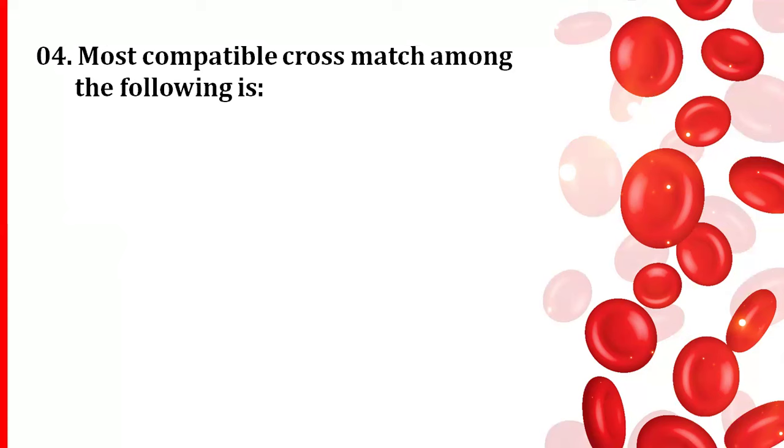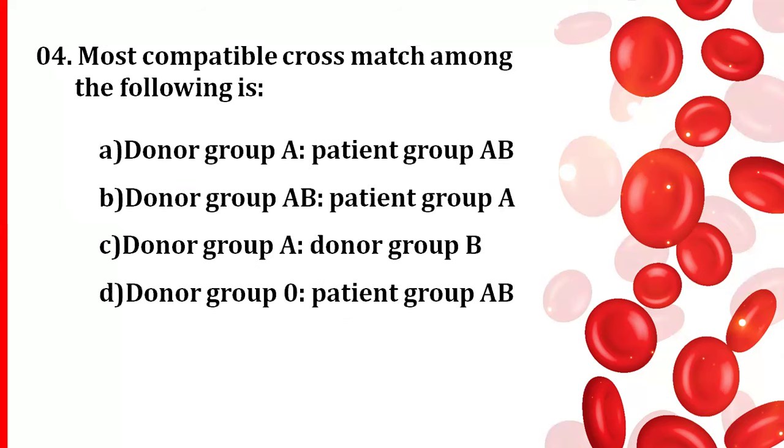Next question, most compatible cross-matching among the following is option A, donor group is A and patient group is AB. Option B, donor group is AB and patient group is A. Option C, donor group is A and patient group is B. Option D, donor group is O and patient group is AB.